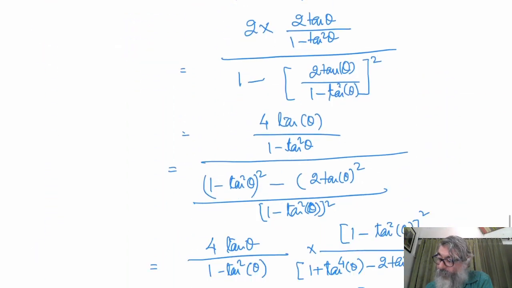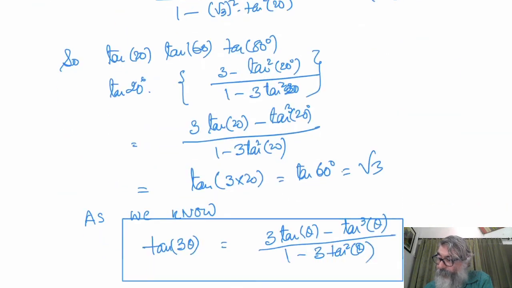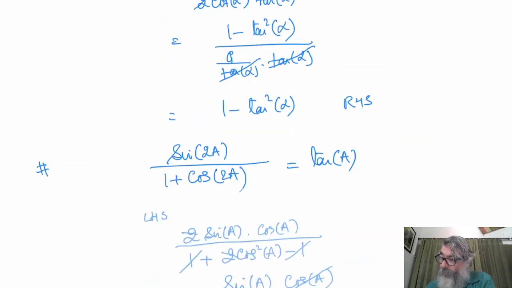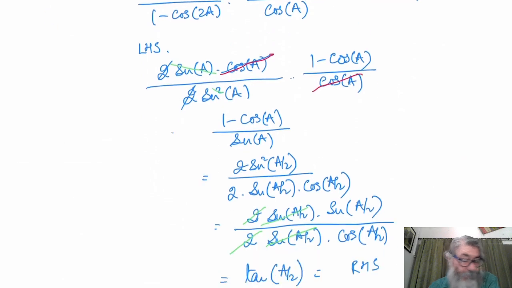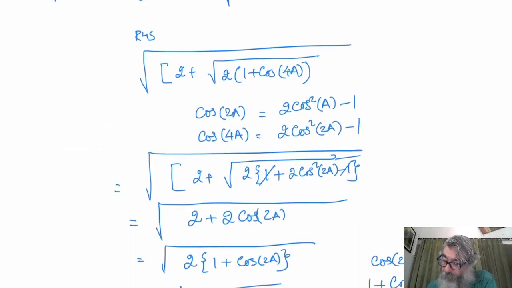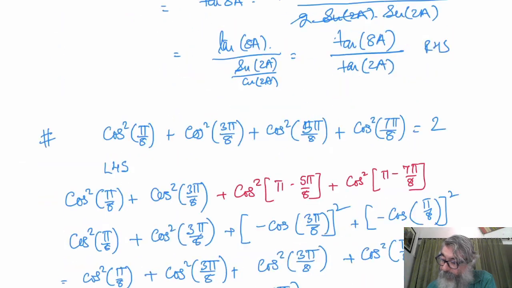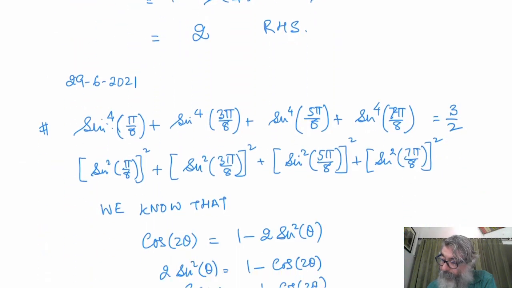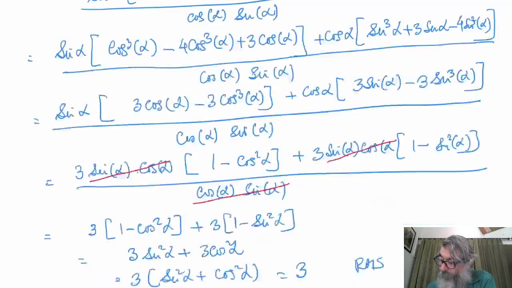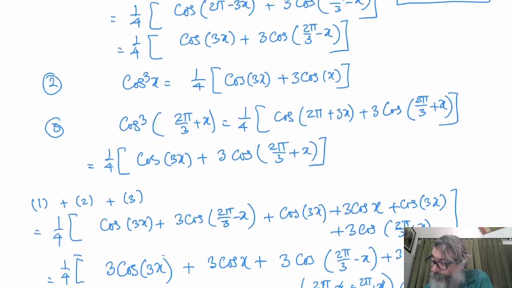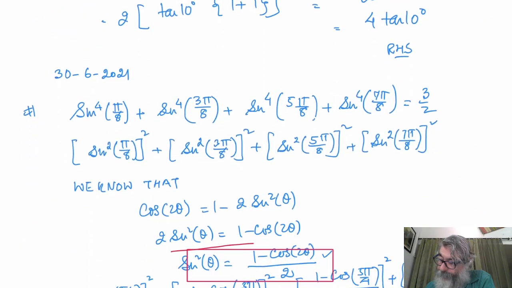Okay, 1 minus tan square theta. Now the first term was tan theta. So the first term is tan theta, and whatever we have solved here is 2 times 1 minus tan square theta upon 2 tan theta.